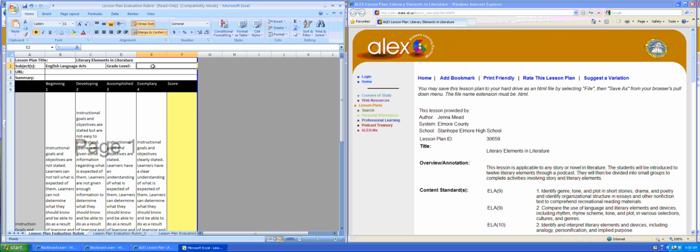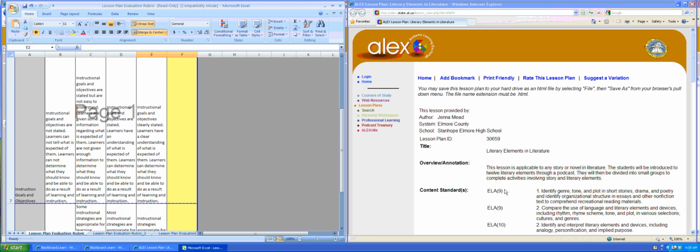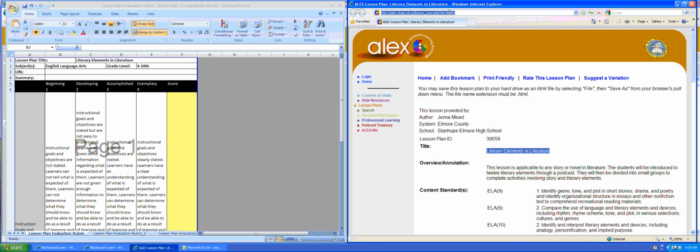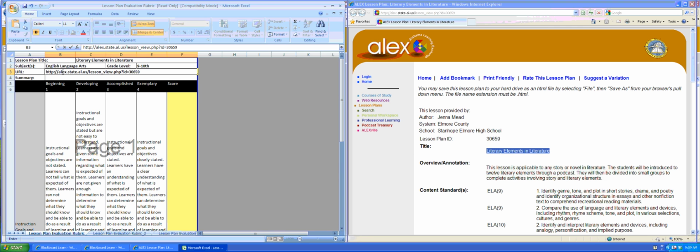Then you would enter the grade level. In this case, this one is a 9th and 10th grade lesson plan. And then the URL is the website address for the lesson plan. So I want you to copy the exact lesson plan address and enter that in.